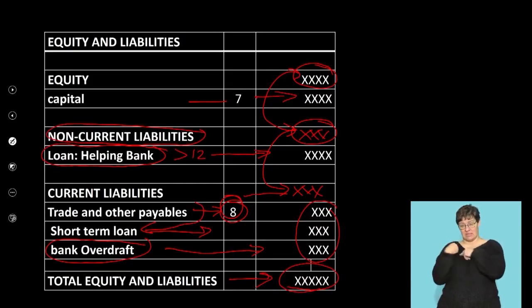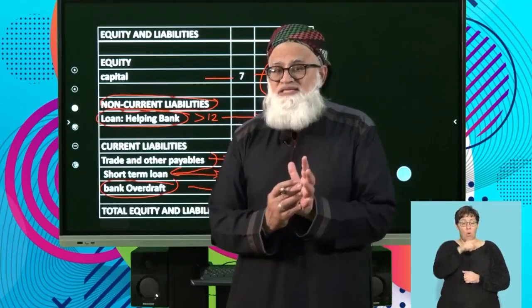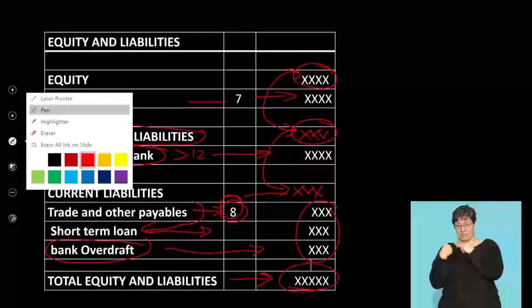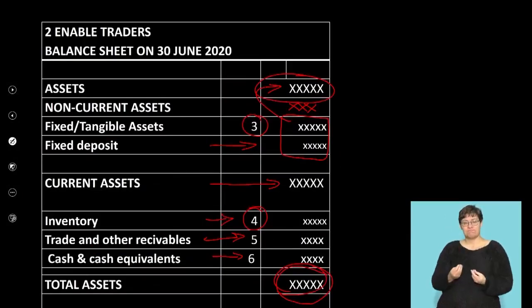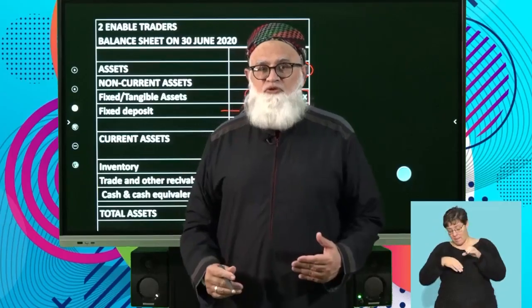What do we know from the balance sheet? We know that our total equity and liabilities, this figure here, watch what I'm going to do here now. I'm saying that one has to be the same as my total assets. That means the top half of your balance sheet must agree with the bottom half of your balance sheet.